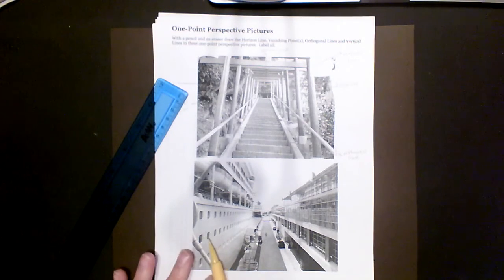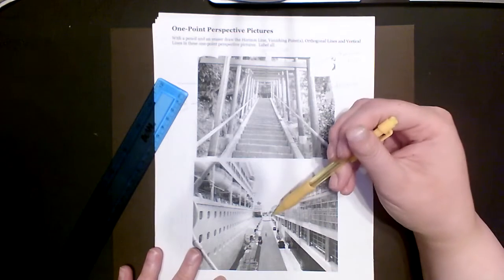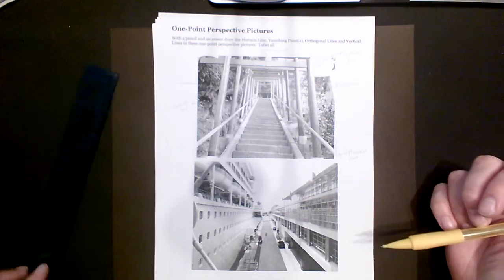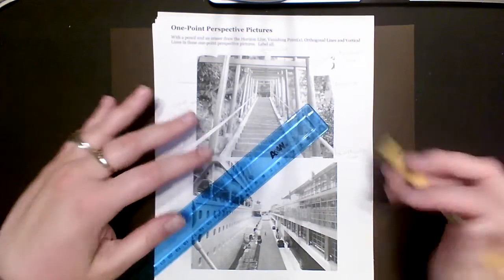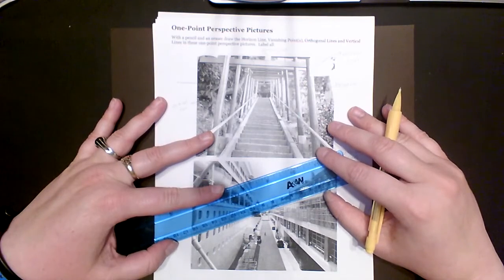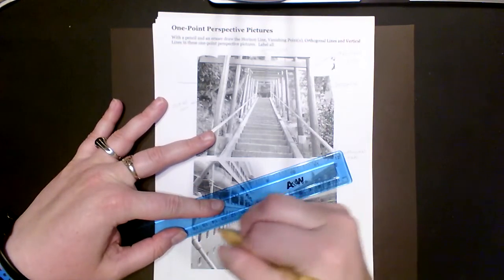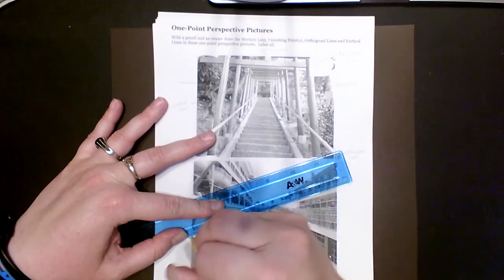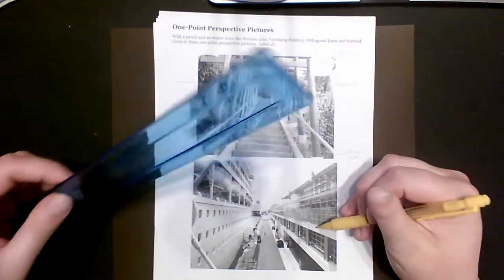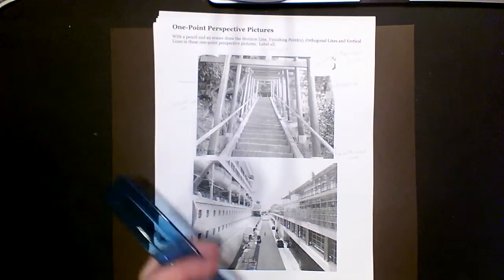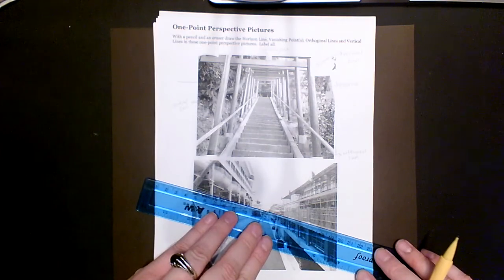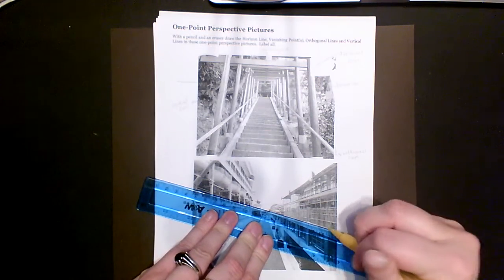So I'm going to go ahead and choose the middle one because I have another line that's pretty similar level on the picture to be able to find my vanishing point. So I'm going to go ahead and follow along the tops of the windows, and I'm going to draw in a line. Now I'm going to go over here and I'm going to draw on the top of this line over here.